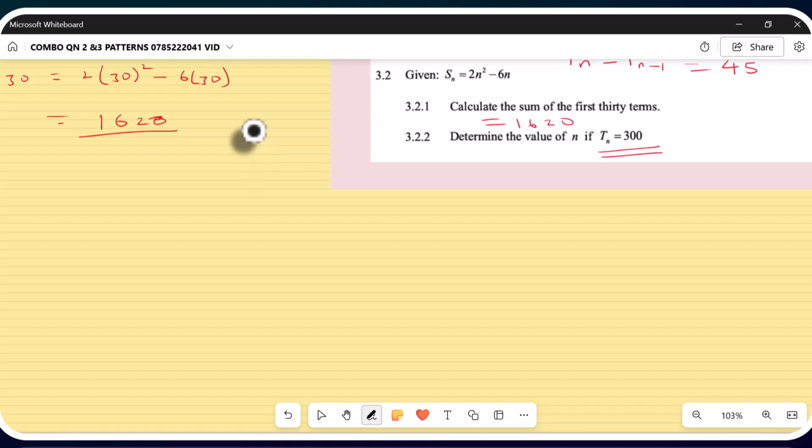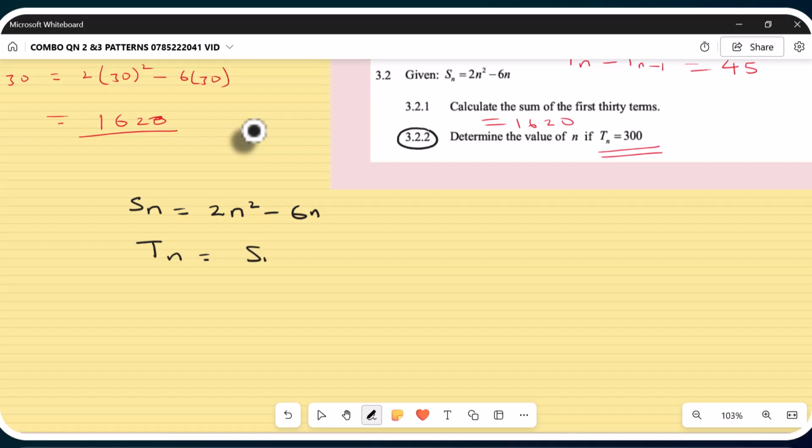So, the Tn here is 300. Now the Sn is what they gave us, which is 2n squared minus 6n, then minus Sn minus 1, so open bracket here: 2 open bracket n minus 1 squared, and then minus 6 into n minus 1, close bracket twice here.